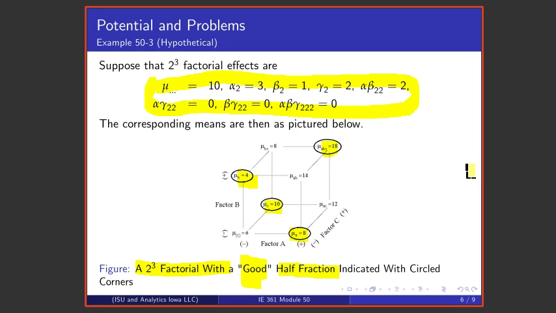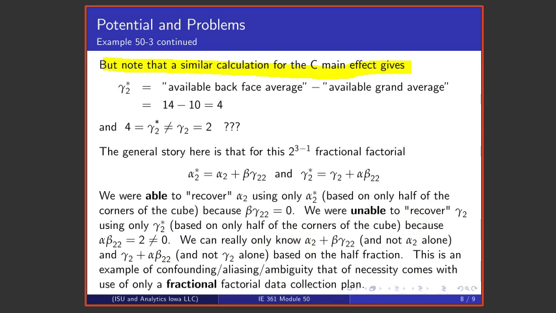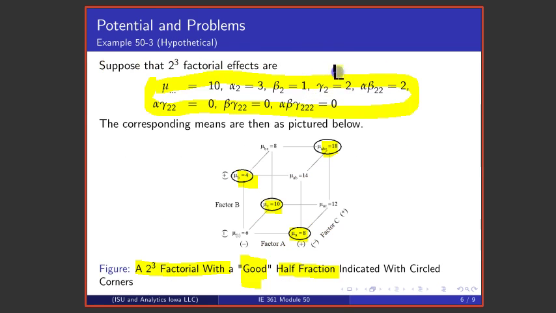And I might compare the average of the 2 means that I do know on the back face minus the average of all 4 means that I do know. What you find is that the available back face average minus the available grand average is 4, while the main effect of C at its second level used to set this example up is 2.